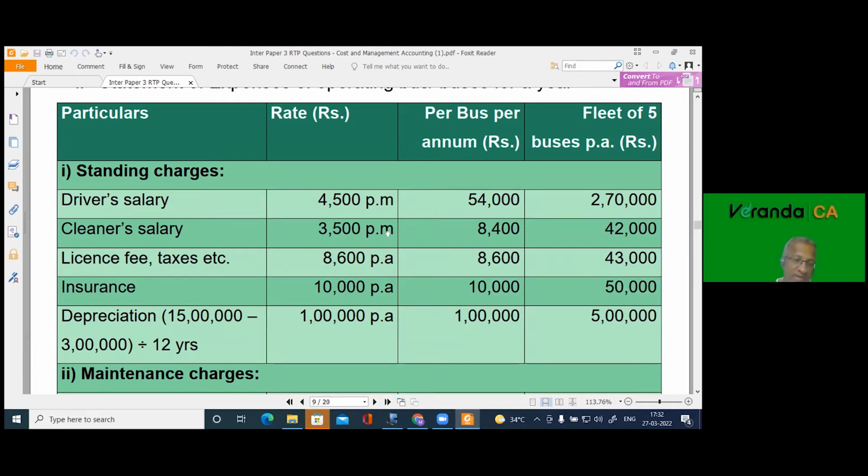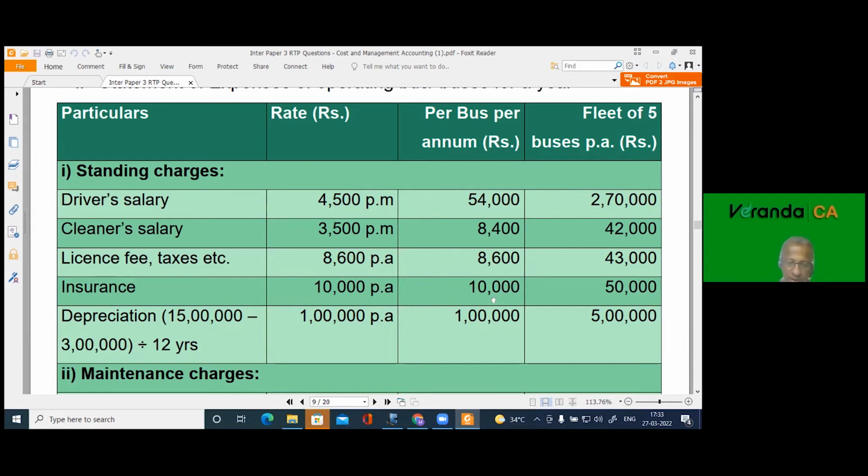Whereas in the case of the driver, it is 4,500 into 12 into 5. In the case of the cleaner salary, it is 3,500 into 12, 42,000, divided by 5 for 1 bus. For the rest, you multiply, and you can see the number is the same.